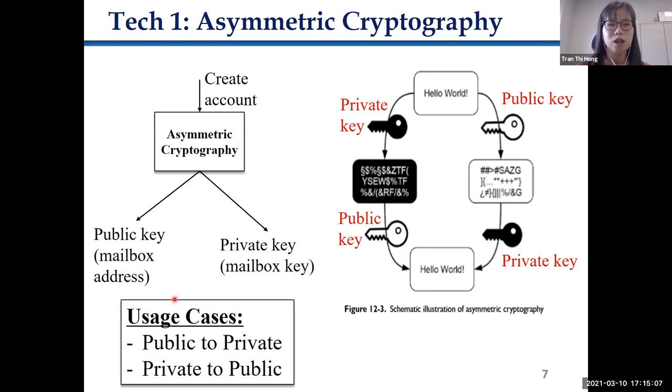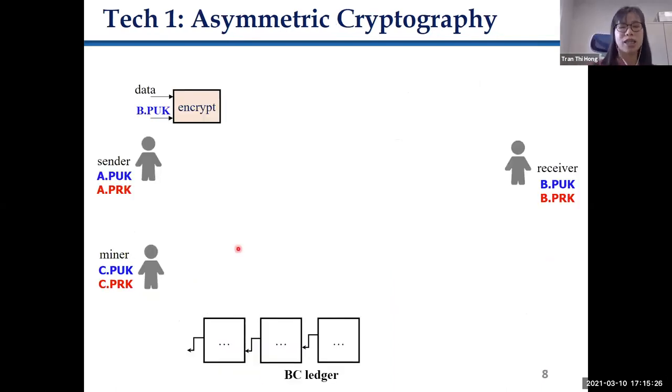In the blockchain, we use these two keys in two cases. The first case is public to private: when you want to send data to someone, you use a public key and a private key. The second is private to public, which operates as a digital signature. I will show it more clearly in this slide.